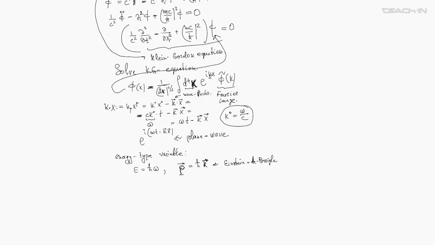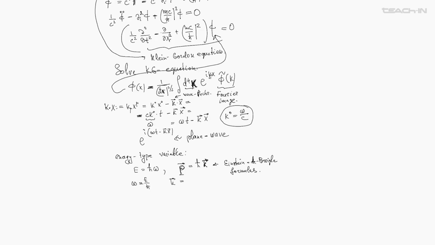So frequency then is energy divided by h bar. It's just like passing to a new variable with the dimension of energy. And here, instead of a wave vector, whose dimension is 1 over length, one uses p divided by h bar.